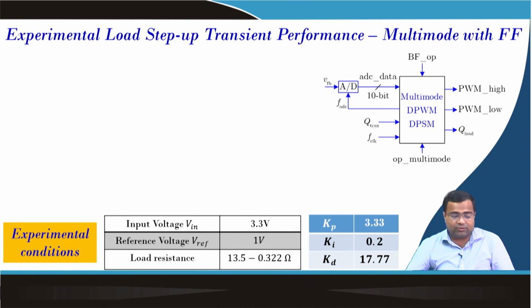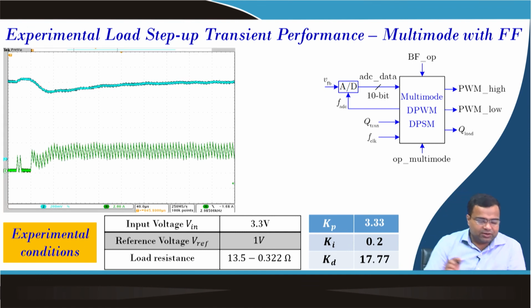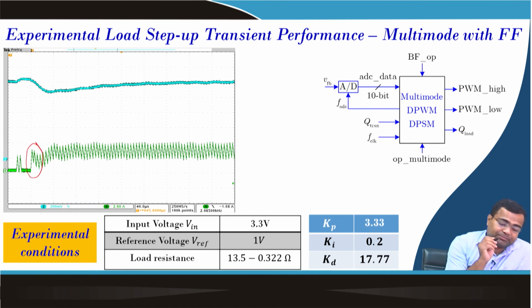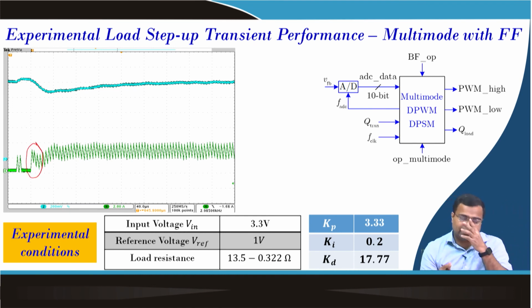So, to overcome that, we added a feed forward term. That means, we have added some offset term for a few, I mean at this time of transient, and this is continued. Since there is an integral action, it will take over.